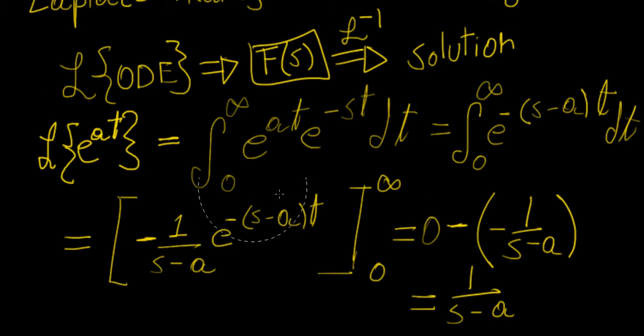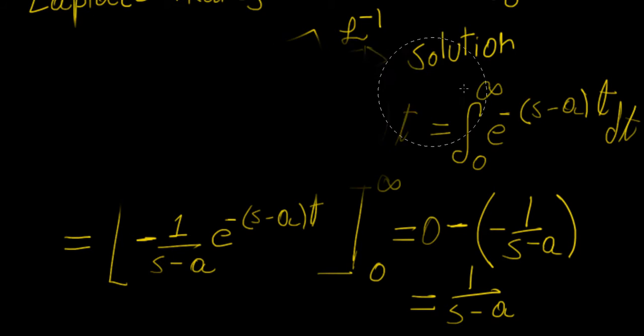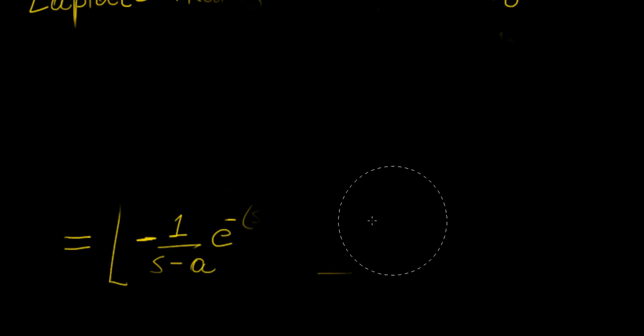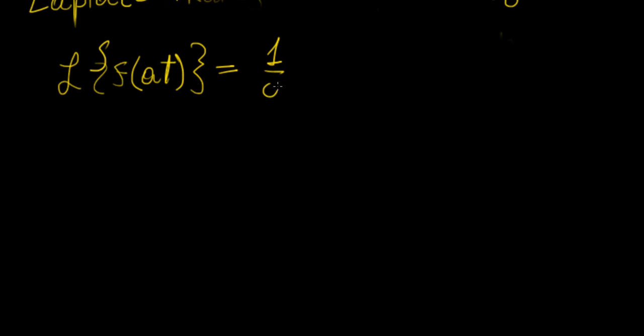I'm going to get rid of this screen because I need some space to list all the important properties that we need to work with. The first property of the Laplace transform is the following. The Laplace transform of a function of a constant times t is equal to 1 over a times the Laplace transform evaluated at s over a.